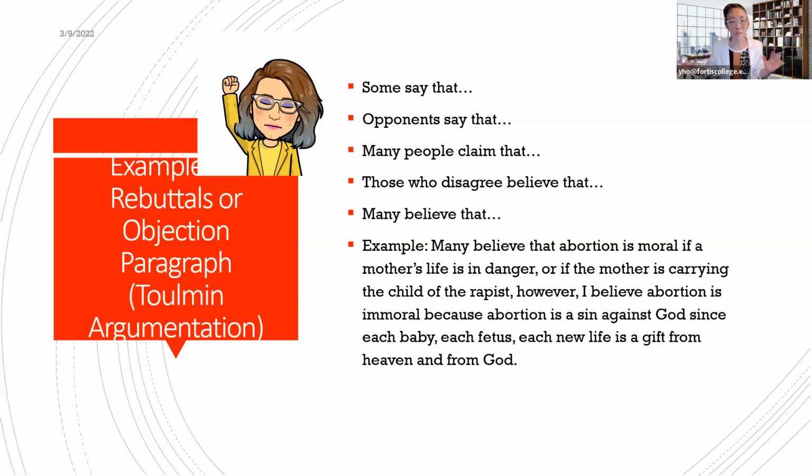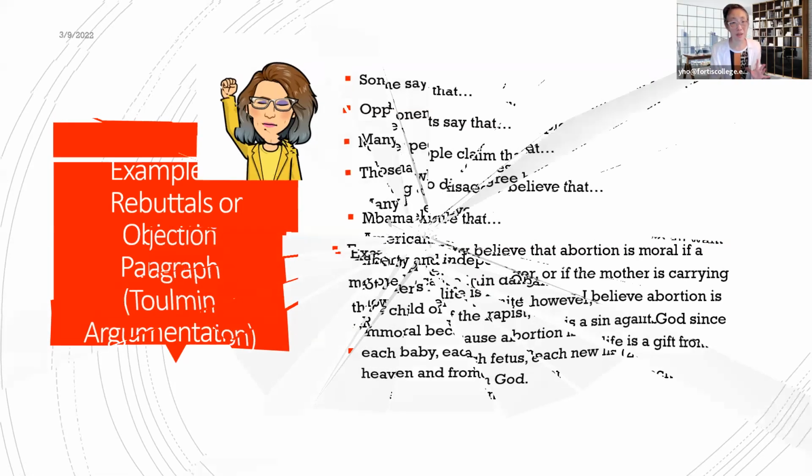And so here you would write, many believe that abortion is moral if a mother's life is in danger, or if the mother is carrying the child of the rapist. However, I believe abortion is immoral because reason 1, reason 2, reason 3. This was somebody's essay. This would be an example of Toulmin argumentation.